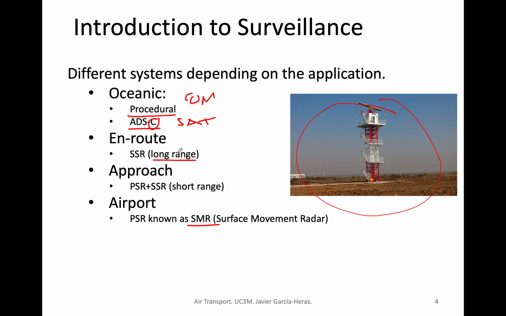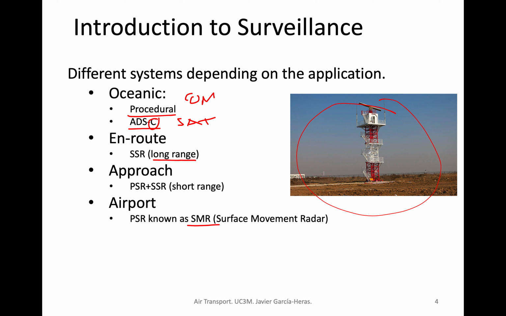So en route, where you don't need, I insist on that, accurate 3 nautical miles like in approach, you can get greater distances, 5 nautical miles typically. You set different performance in order to get long range distances.